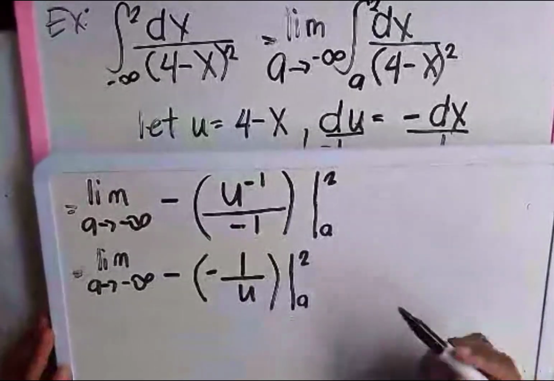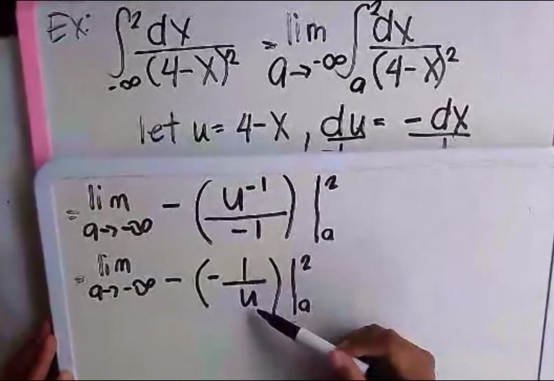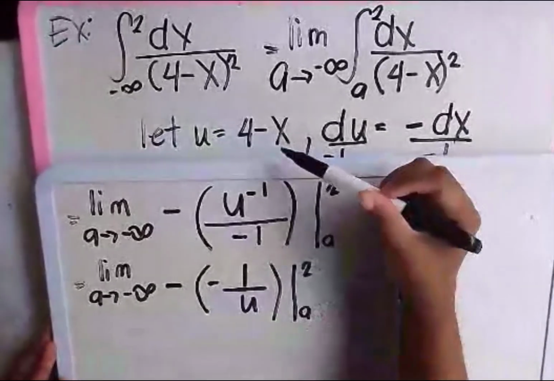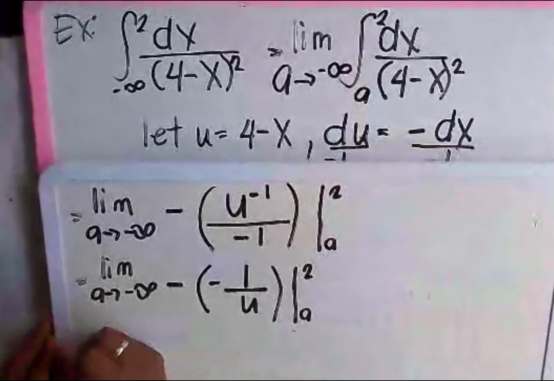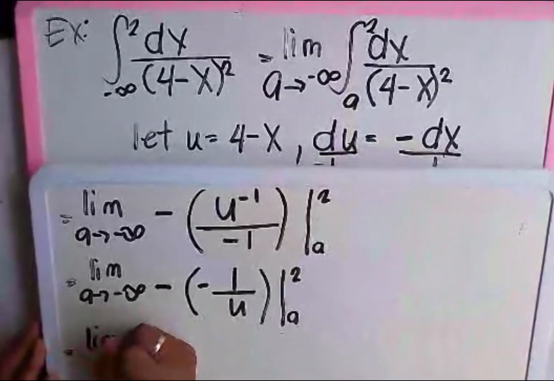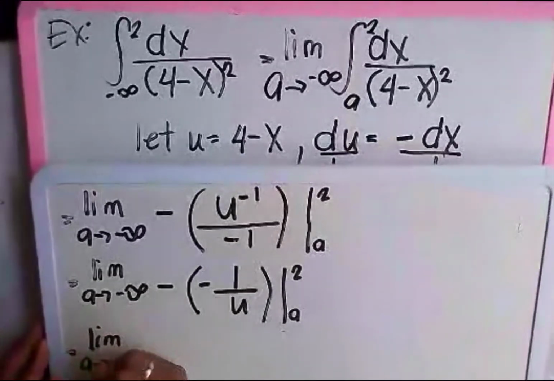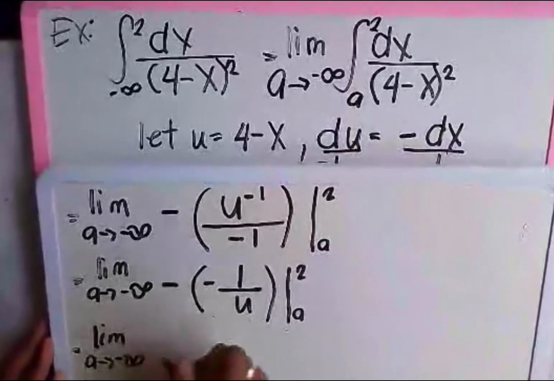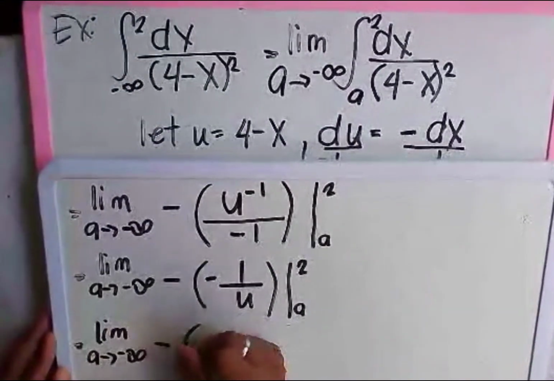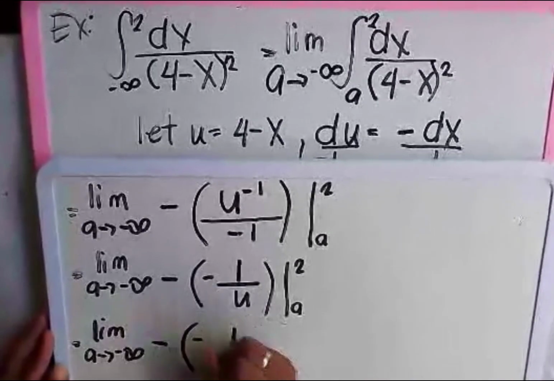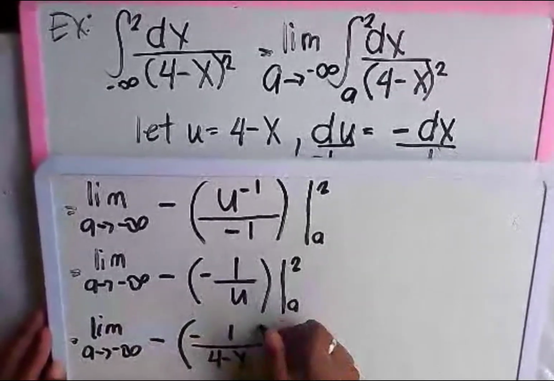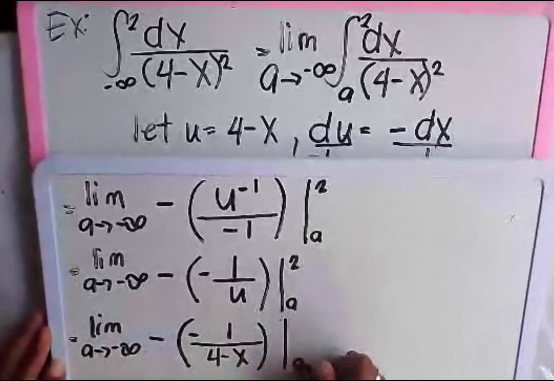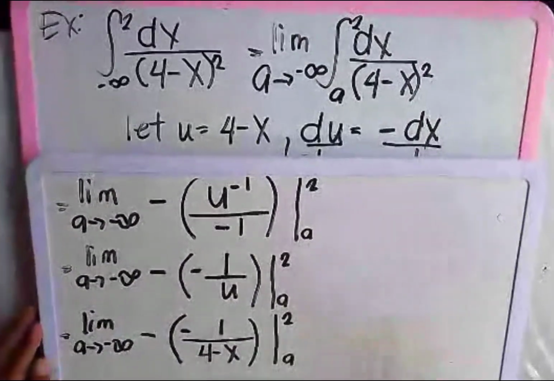And then, let us substitute the value of u, which is u is equal to 4 minus x. Limit as a approaches negative infinity, negative times negative 1 over 4 minus x from a to 2.